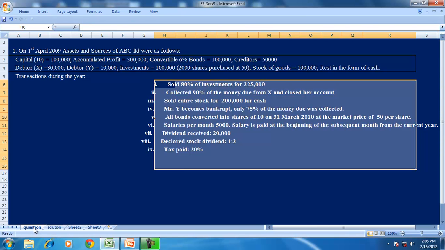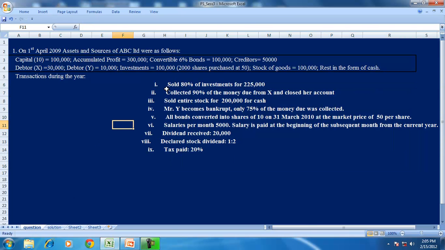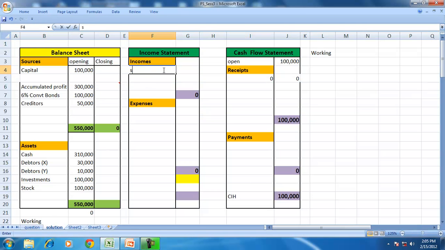So we'll take the transactions. The first transaction is sold 80% of the investment. So the sale of investments for 225,000, and we treat that as a cash sale, so therefore it is also a receipt.